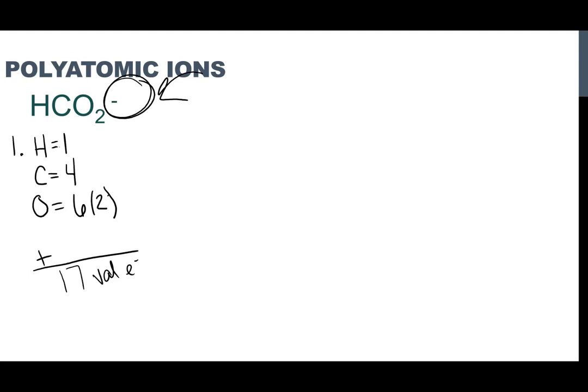Because it has that extra electron, we need to throw that into the cooler, throw that into the pot. So we need to make sure that we acknowledge the charges on these polyatomic ions and make sure that in this case, we add that 1 extra electron to the pot. Now, when I add this all together, I've got 18 valence electrons.